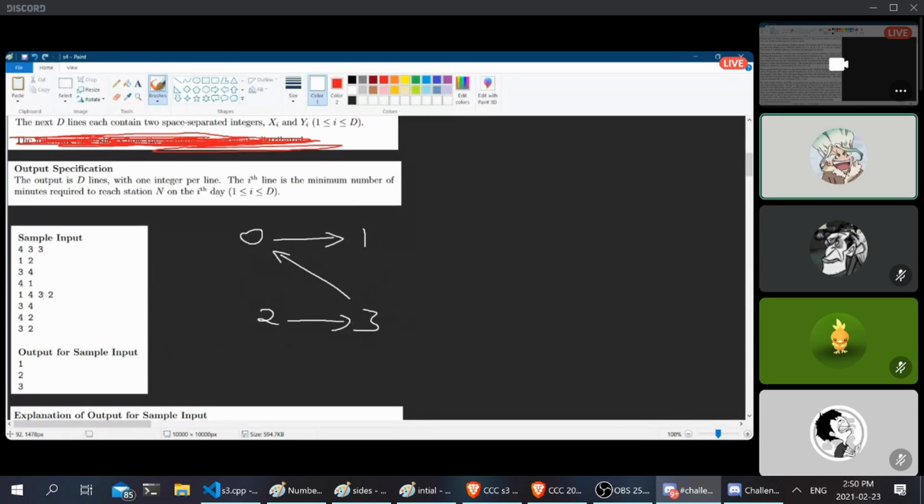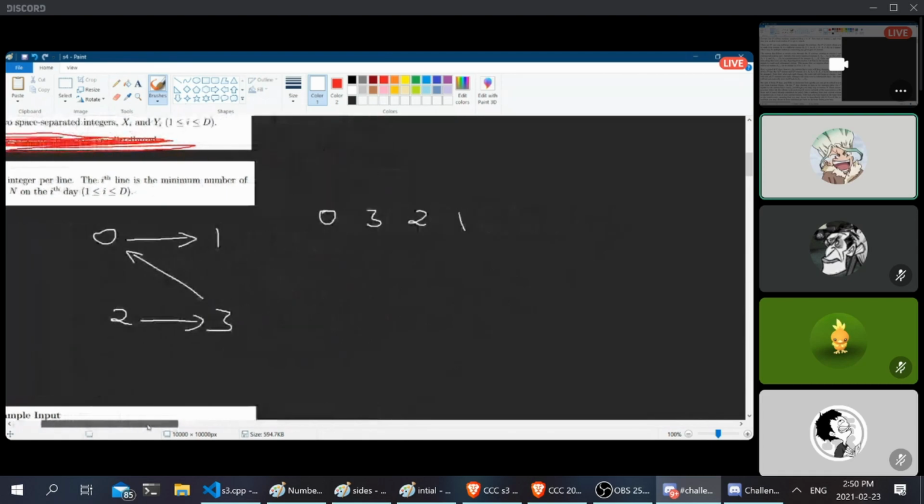And the initial permutation of the stations is 0, 3, 2, 1. So the subway travels from 0 to 3, then 2 to 1. And that's the route for that day. And then we get our swaps for each of the 3 days, which is we swap the 3rd and 4th, we swap the 4th and 2nd, and we swap the 3rd and 2nd.